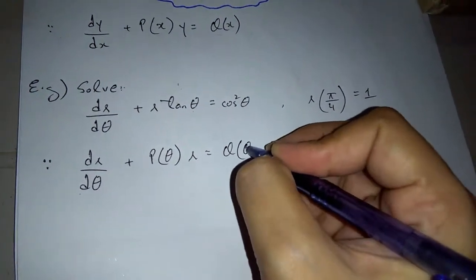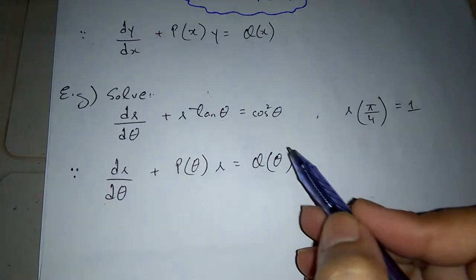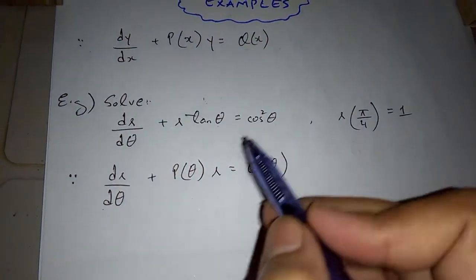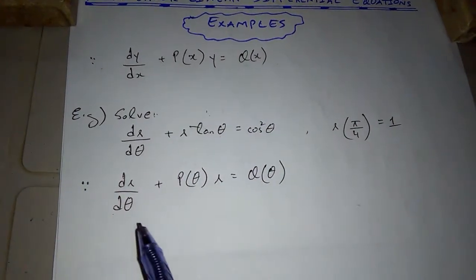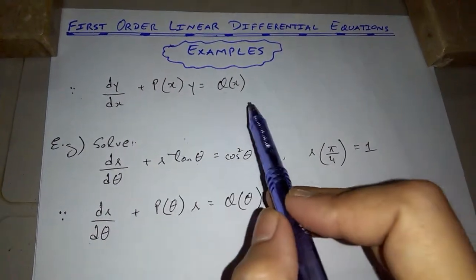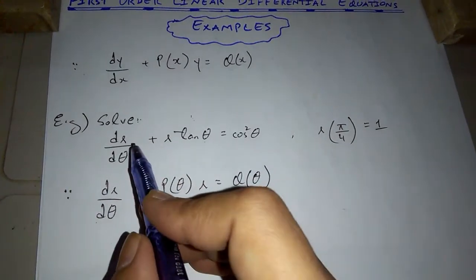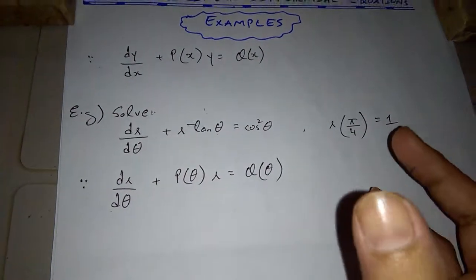You can see that the function q of theta is cos squared theta and p of theta is tangent theta. So it is definitely satisfying the linear format. So r is the dependent variable and theta is the independent variable here.